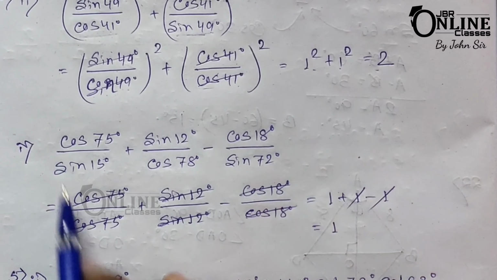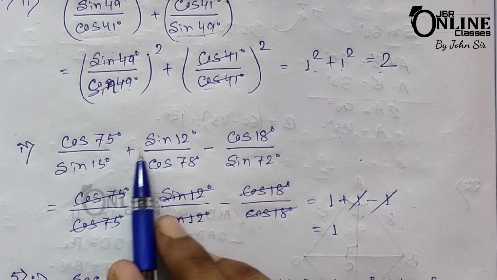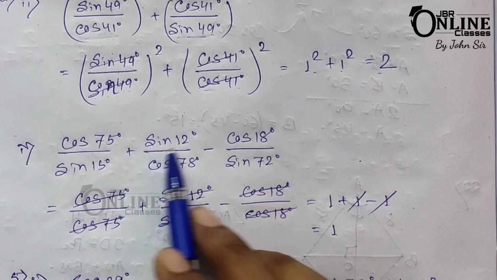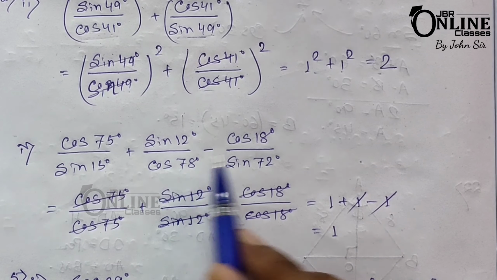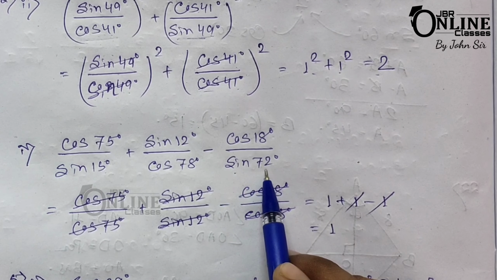Now 2, 4. cos 75 degree by sin 15 plus sin 12 by cos 78 minus cos 18 by sin 72.